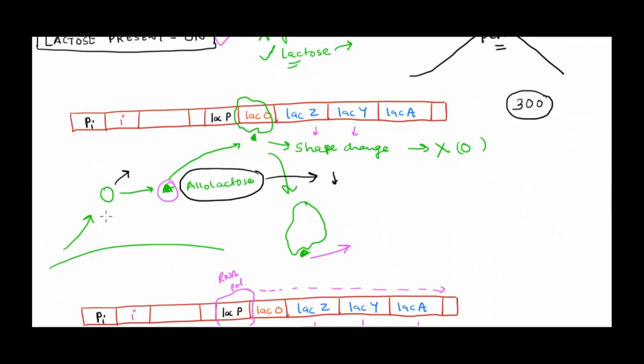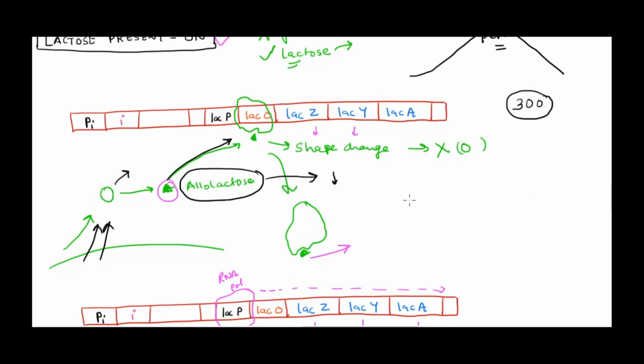Only if a good amount of lactose molecules are coming in the medium would they be converted into allolactose. So if the repressor gets bound by allolactose, it's a signal that there is a good amount of lactose. Go ahead, transcribe the gene, produce the protein, and metabolize it.